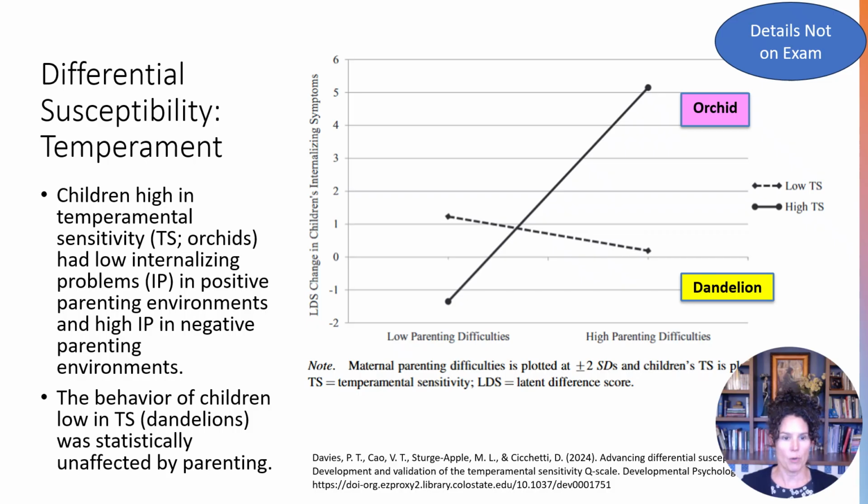And so if the mother was more harsh, then we had kids who were showing high amounts of these internalizing problems. And if their mothers were more supportive and sensitive, then these kids had the least amount of internalizing difficulties. Whereas dandelions, that relationship was not statistically significant and so unaffected by the quality of the parenting. Didn't matter to them. They were kind of in the middle, right, in terms of their internalizing symptoms, regardless of how well their mothers were doing.